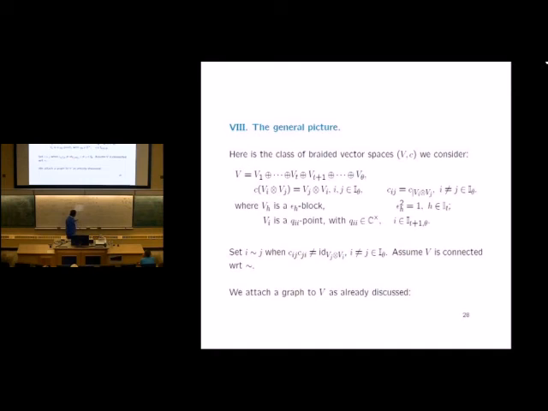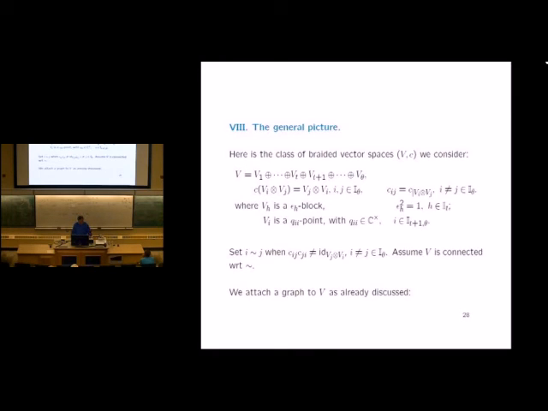And these are points. And in general, I attach to this a Dynkin diagram which has blocks like this or like this and points. And I connect them according to what I already said.